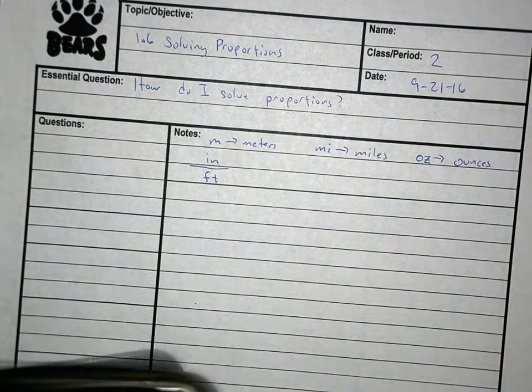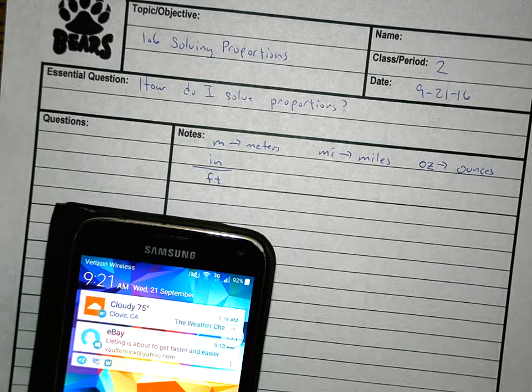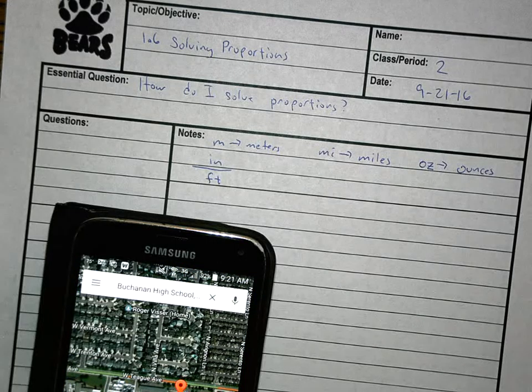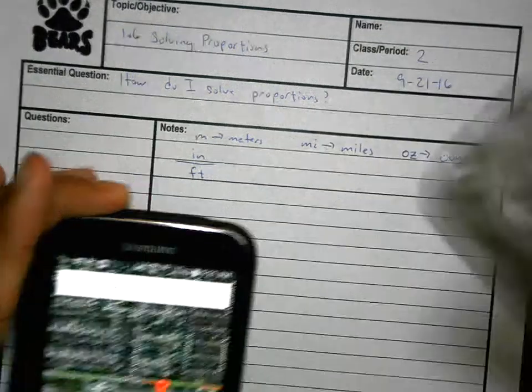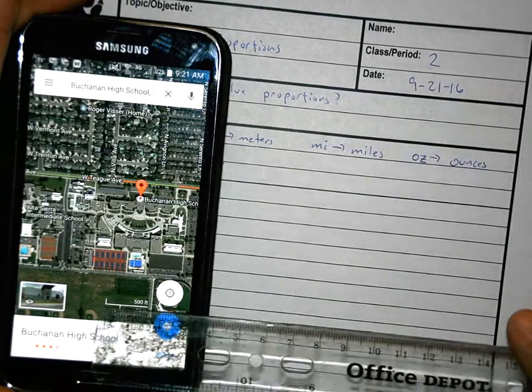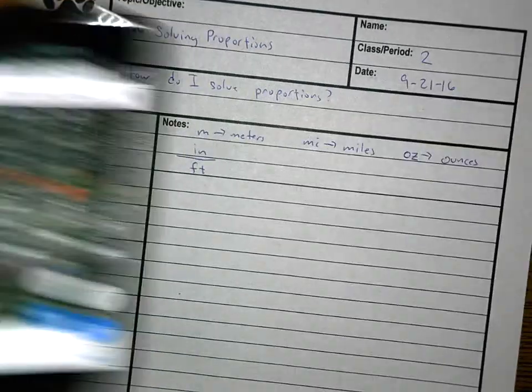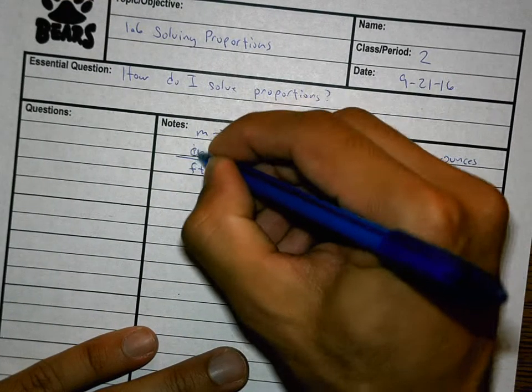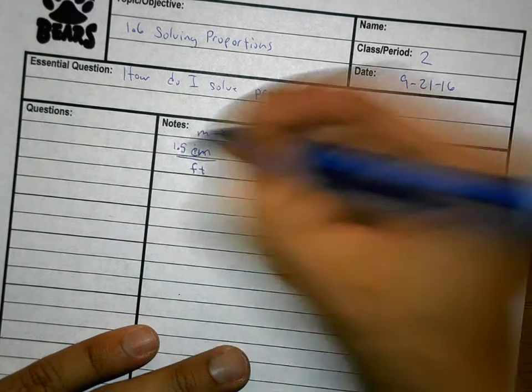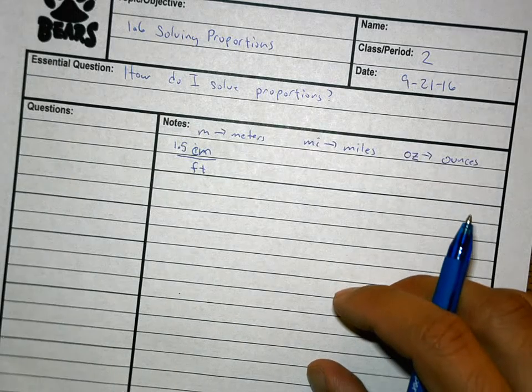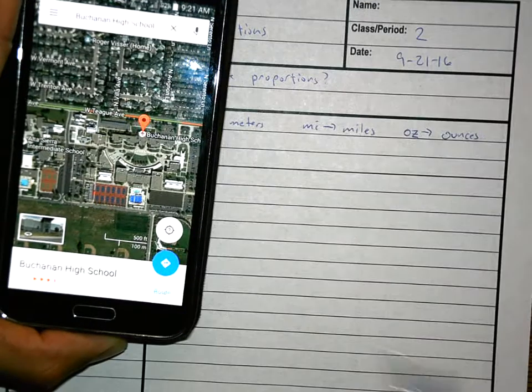Let's break out this thing real quick. I'm going to break out my ruler. It might be better to do this in centimeters. 1.5 centimeters. Ooh, that's better. 1.5 centimeters. That's what I measured.